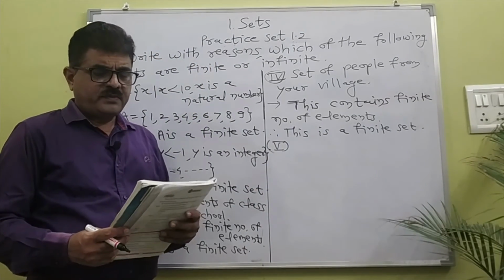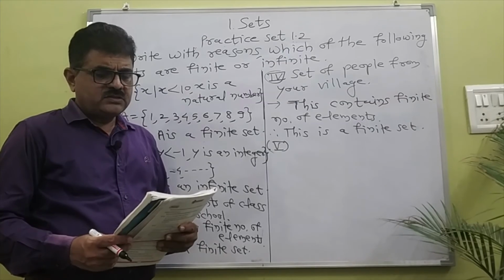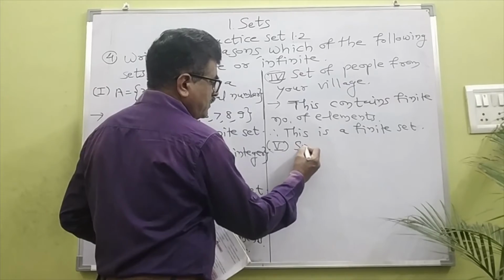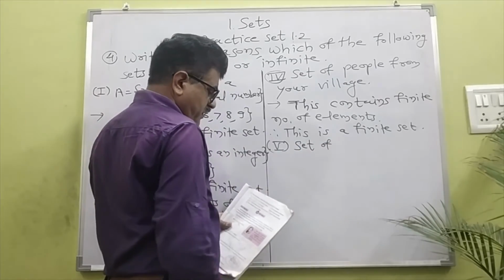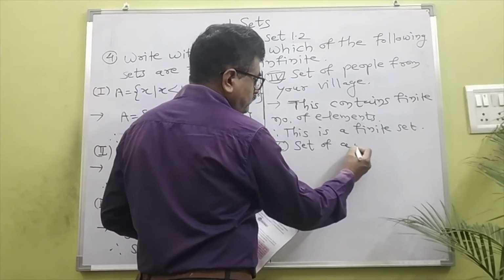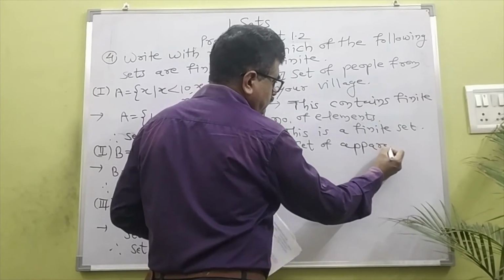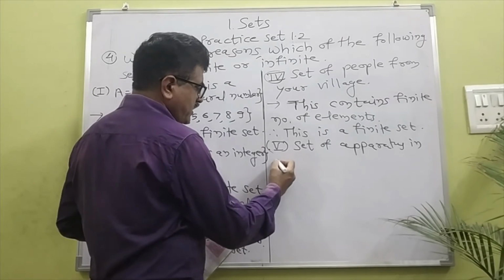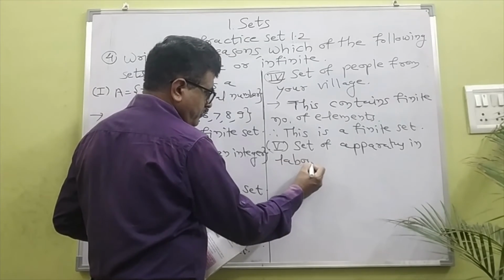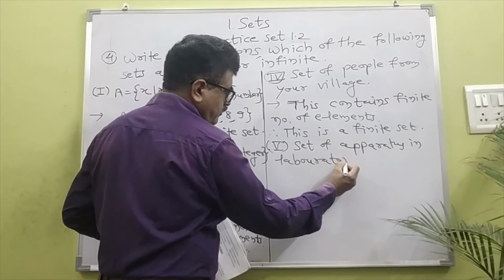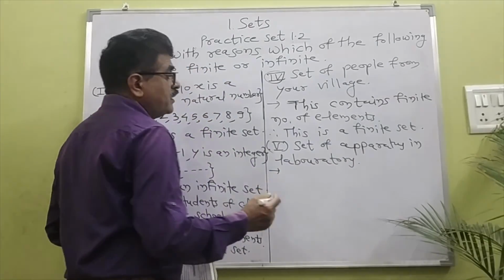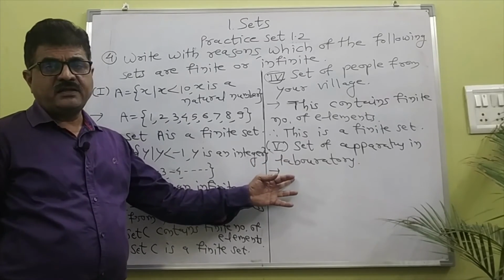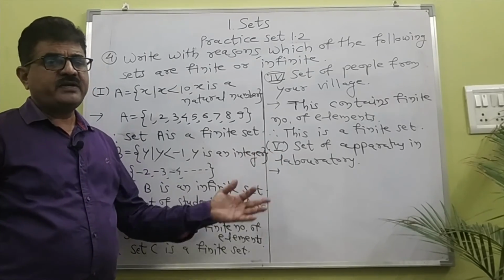Number 5. Set of apparatus in a laboratory. Now there are a finite number of apparatus in a laboratory. We can count them. Therefore it is a finite set.